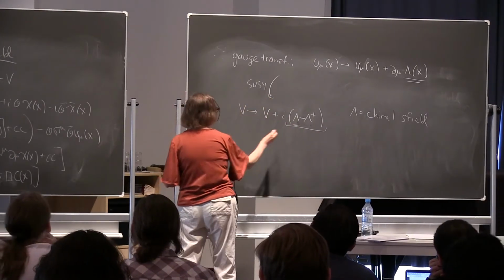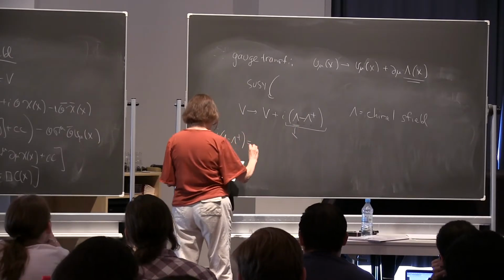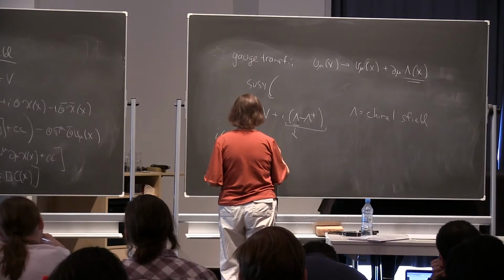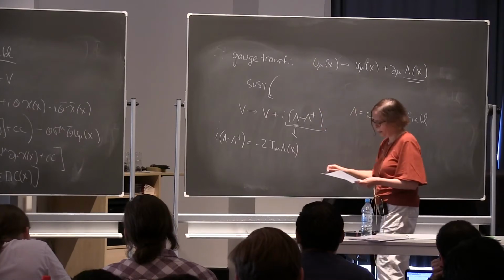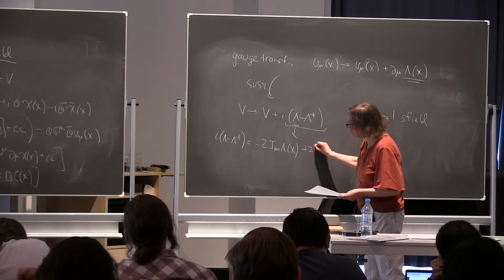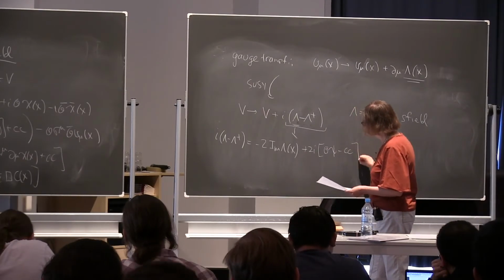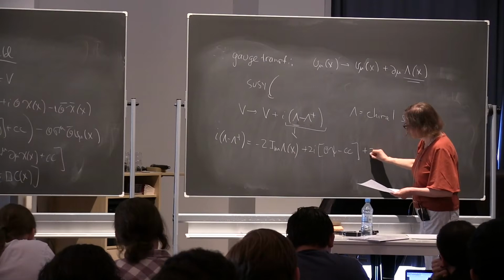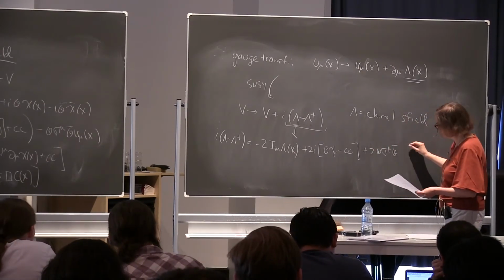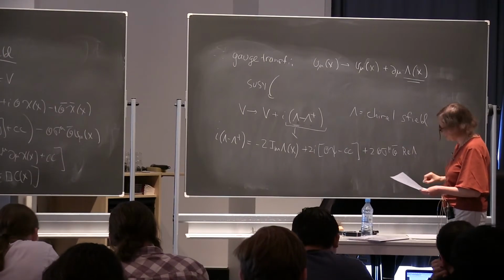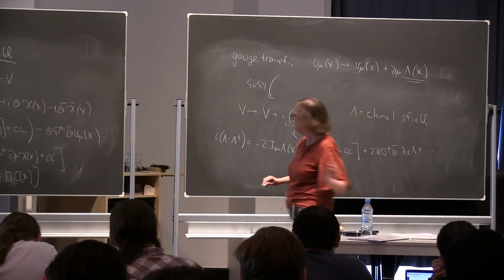This i(lambda minus lambda dagger) is equal to minus 2 times the imaginary part of lambda, just the scalar part, plus 2i times theta psi minus complex conjugate, plus 2 theta sigma mu theta bar real lambda, plus some other stuff that I don't want to write down.